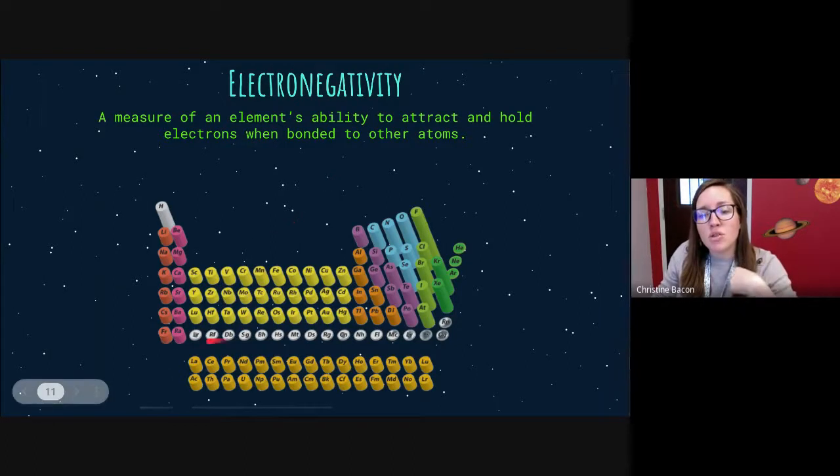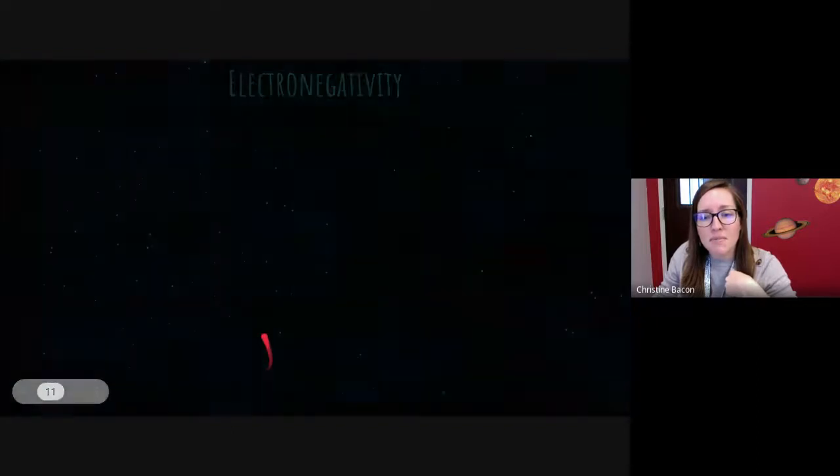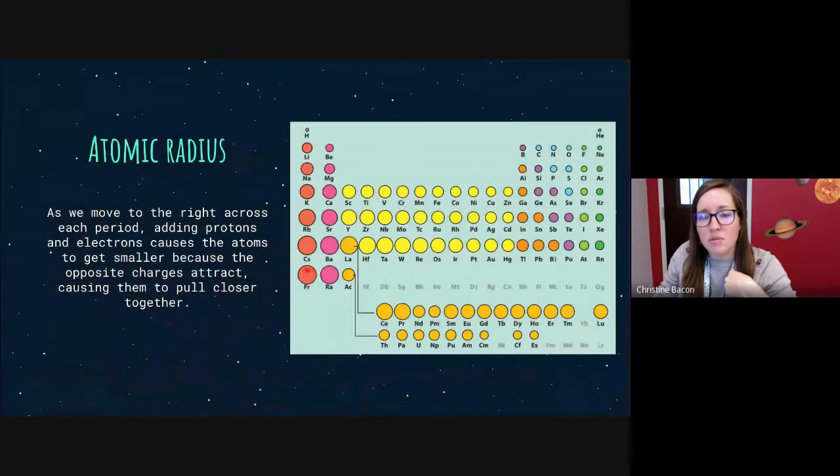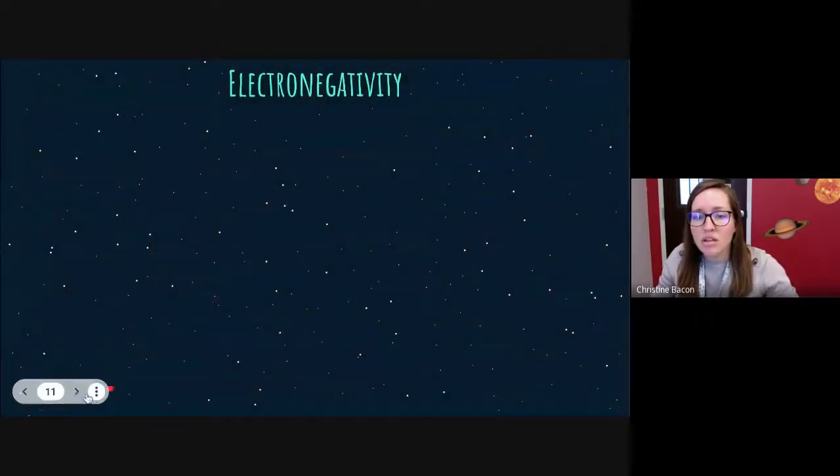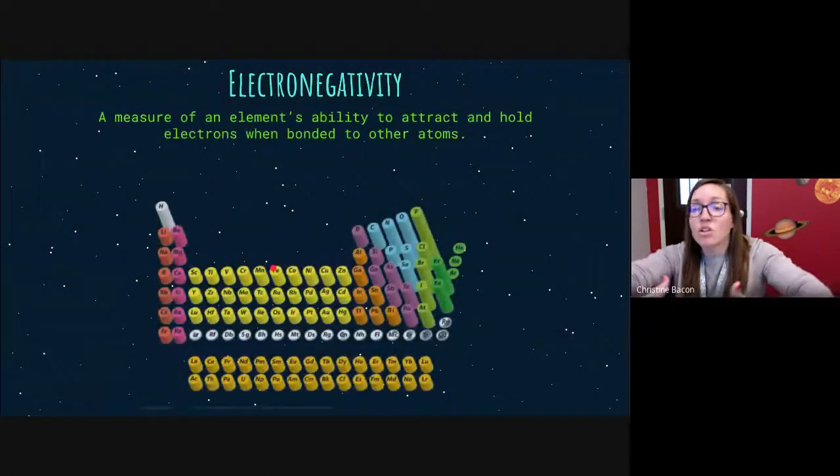So you've got 2 extremely large, so if we go back, you'll see like francium. The francium atoms have a large atomic radius. Think about those as like really fat people, and they're trying to hug each other, okay? Their arms aren't long enough to really get a good hold, so they could be easily broken apart, okay?